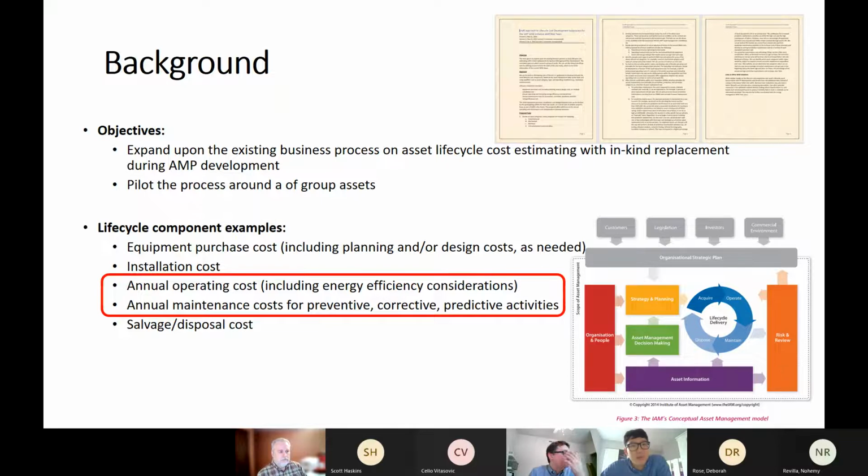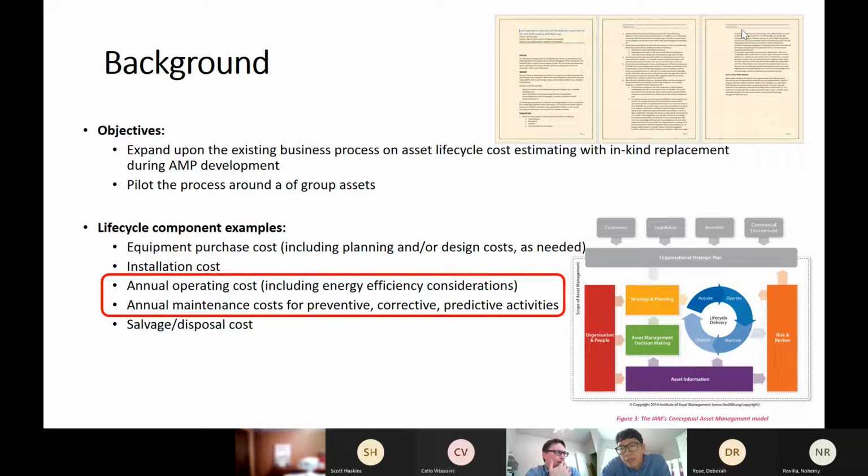So the objectives for this initiative are to expand upon the existing business process on asset lifecycle cost estimating with in-kind replacement during asset management plan development, and also pilot the process around a selected group of assets. And the lifecycle component example is really the cradle to grave concept: you purchase an equipment, you install it, and you do O&Ms throughout the life, and then we salvage and dispose at the end of the life.